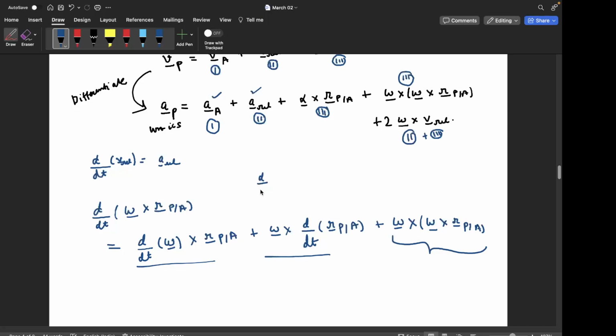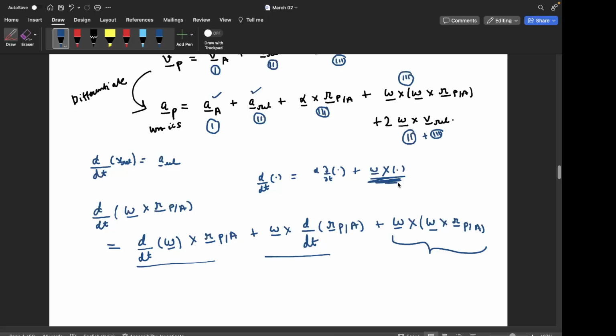Differentiation of some quantity in a rotating frame is differentiation of that quantity plus the rotation rate of that frame cross that quantity.